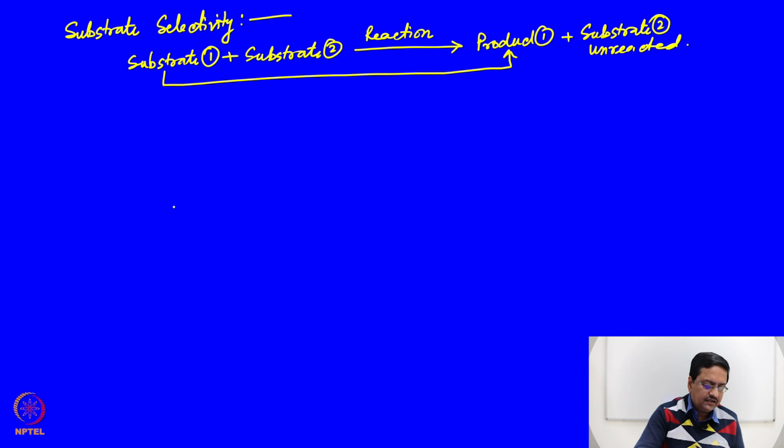So this reaction is called a substrate selective reaction, and this substrate selectivity, or substrate selective reaction, happens in the case of enzyme catalyzed reactions.